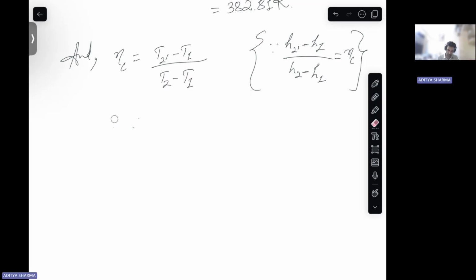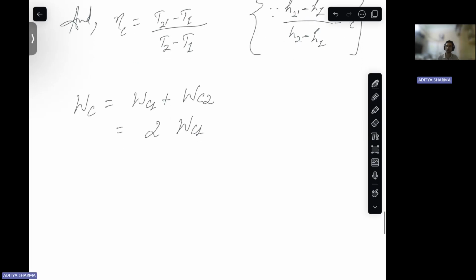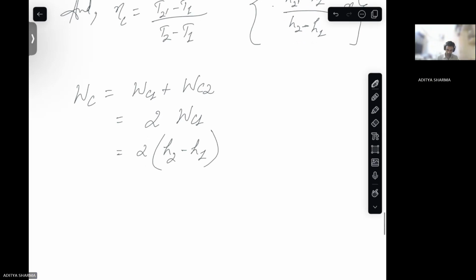So if you see compressor work, WC is WC1 plus WC2. But the point is, for both the compressors, the work input will be same, and that will be either H2 minus H1 or H4 minus H3. So the result will be same.